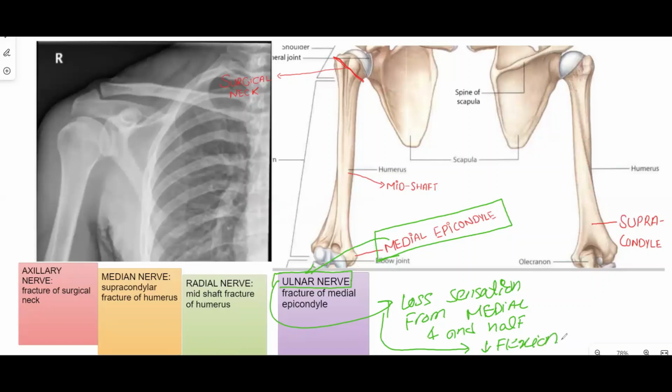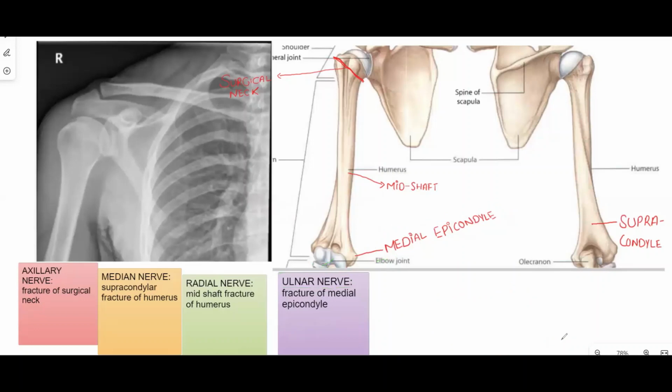And the last important one is the supracondylar fracture. The supracondylar fracture will lead to median nerve damage.